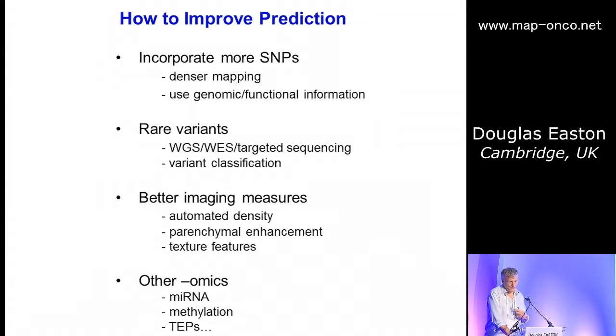There are a number of ways in which the imaging studies could be improved. There are a number of studies trying to use automated measures of density. There are other measures that you can use, for example, parenchymal enhancement on MRI, and there's a certain amount of evidence suggesting that other measures that measure texture rather than just density may also be predictive of risk.